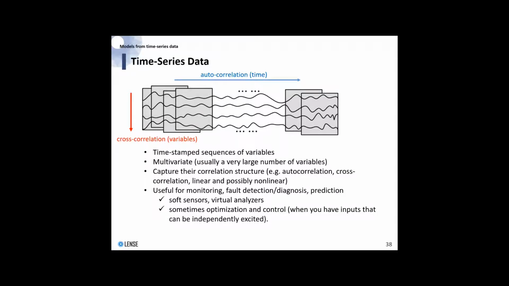When you optimize, you may end up creating entirely different patterns. So that's what you have to be careful about. It only works when you have inputs that can be independently excited, and you have plenty of independent excitation in the inputs. Then you can change it in any way you want to, and still the model will be correct.